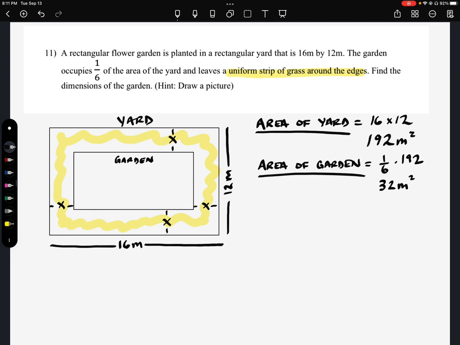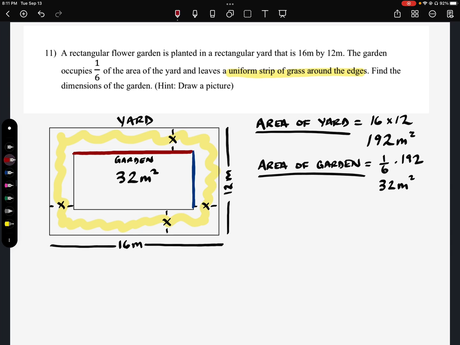So we know then, since this is 32 square meters in here, what we want to do is figure out an expression for the dimensions of the garden. We've got this side, and then we've got this side right here. Let's start out with the red side.